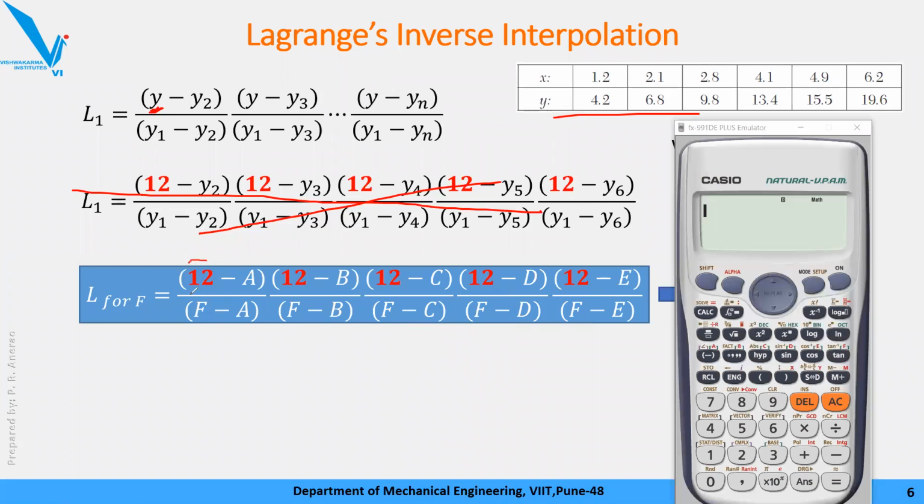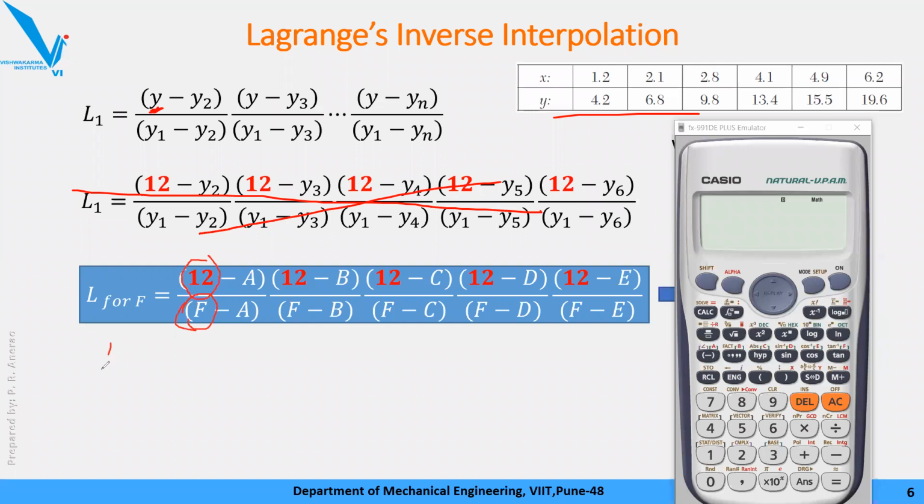So 12 in case of y, then f. Now here there are around 6 terms, so I need 6 variables a, b, c, d, e, f. f will be my target variable.